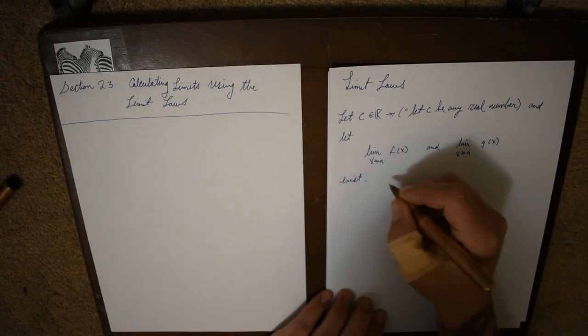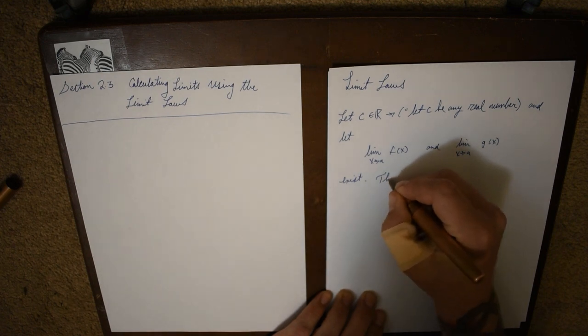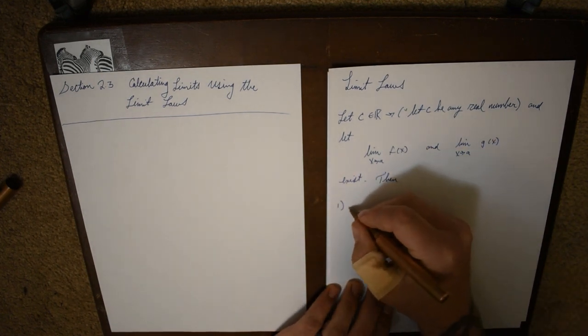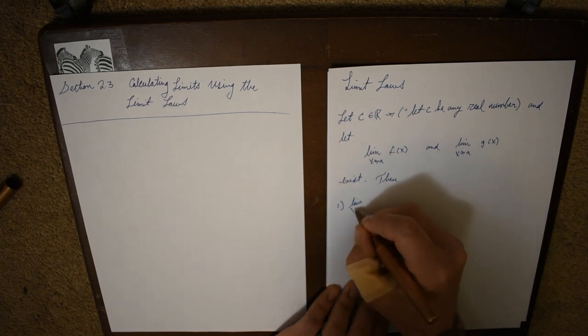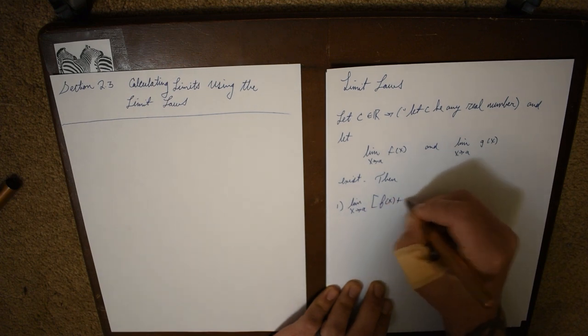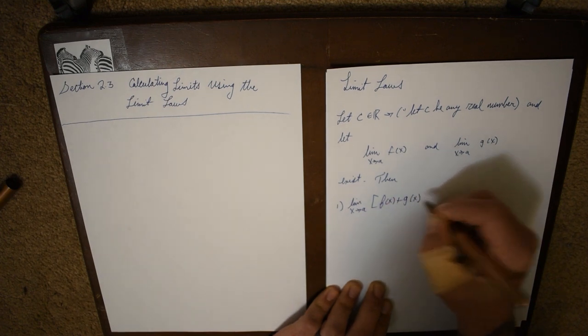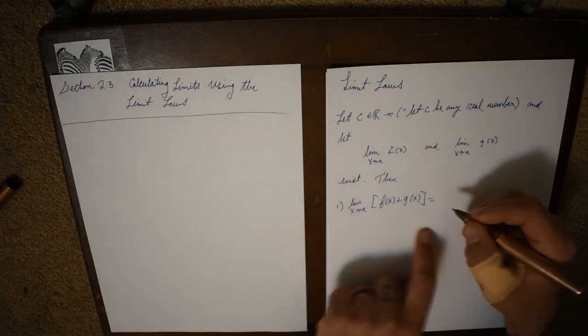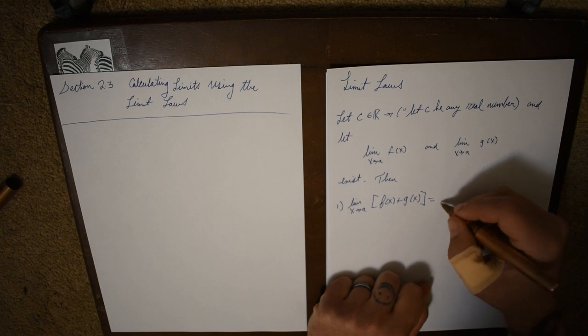The first limit law, we'll say then, if we take the limit as x approaches a of f of x plus g of x, the limit of the sum of these functions is equal to the sum of the limits.